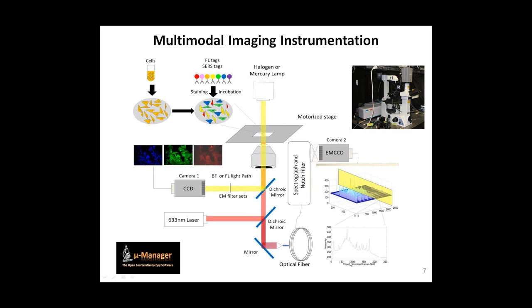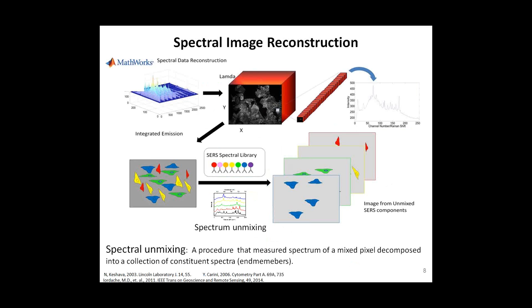After we collected all the spectral data, the next step is to reconstruct the spectra into an image. Essentially, when we perform the scanning, we actually acquire a 3D image: X, Y, and lambda, which is the Raman shift. For each pixel, each voxel, you will see a spectrum that looks like this.